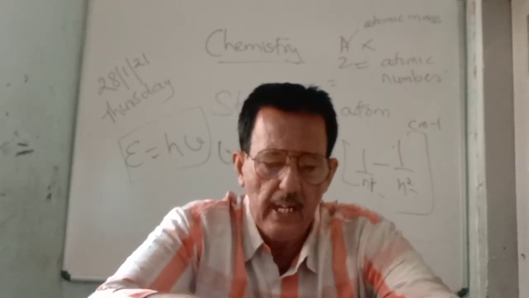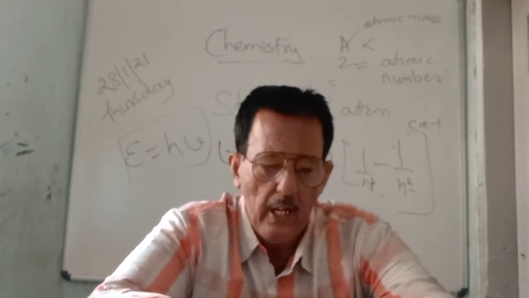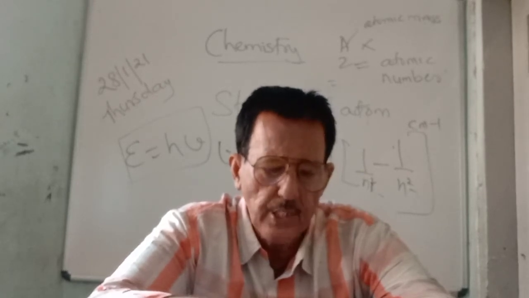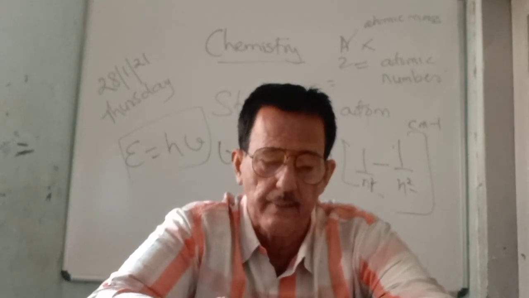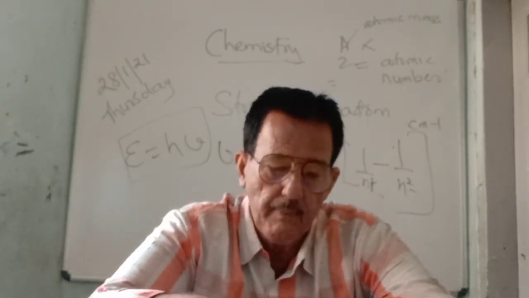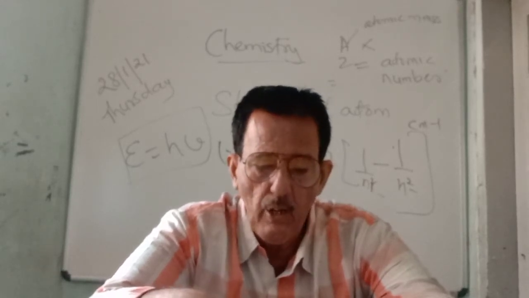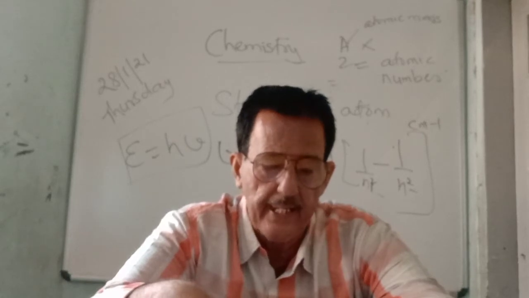So as per the isotope formula, isotopes of oxygen. The isotopes of oxygen are O16 by 8, O17 by 8 and O18 by 8. These are 3 isotopes of oxygen. Therefore, for O16 by 8 the mass number will be 16, number of protons will be 8 and number of neutrons will be 8.